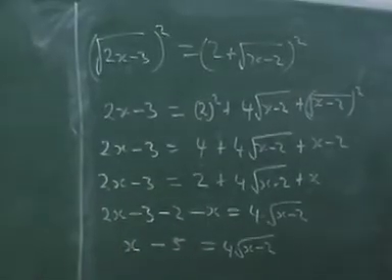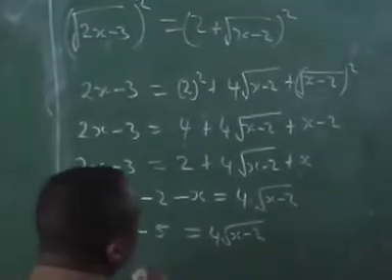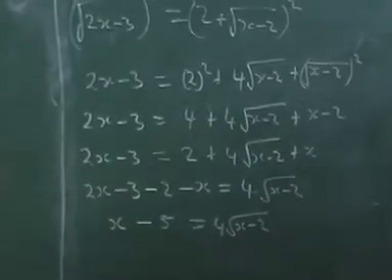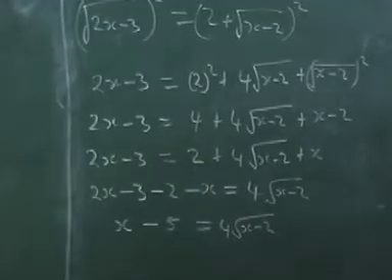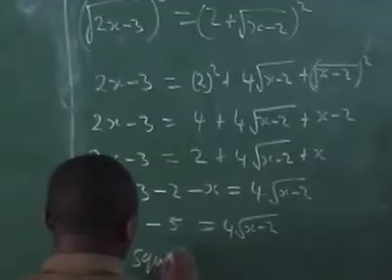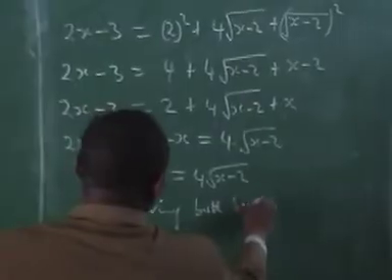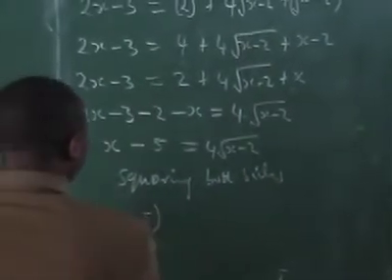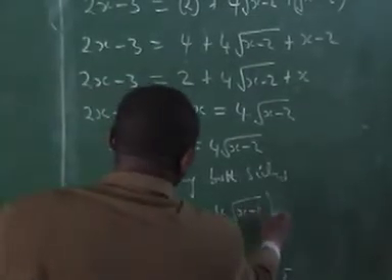Now, if that is done, we can square both sides of this. Squaring both sides, we will have x minus 5 squared will be equal to 4 square root of x minus 2, squared.